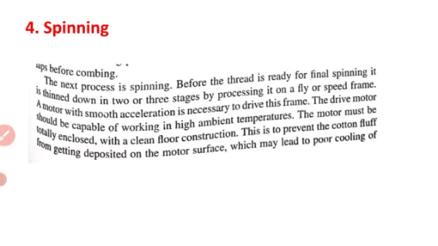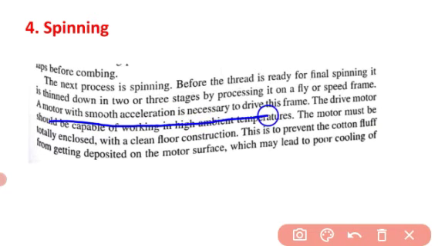Next one is spinning. Before the thread is ready for final spinning, it is thinned down in 2 or 3 stages by processing it on a fly or speed frame. In this process, a motor with smooth acceleration is necessary to drive this frame.